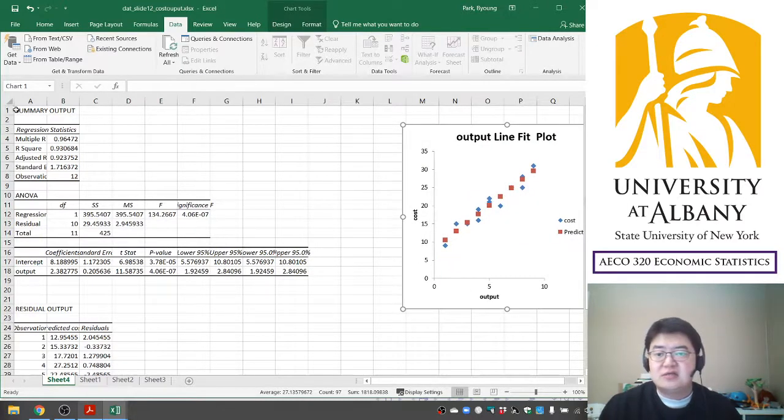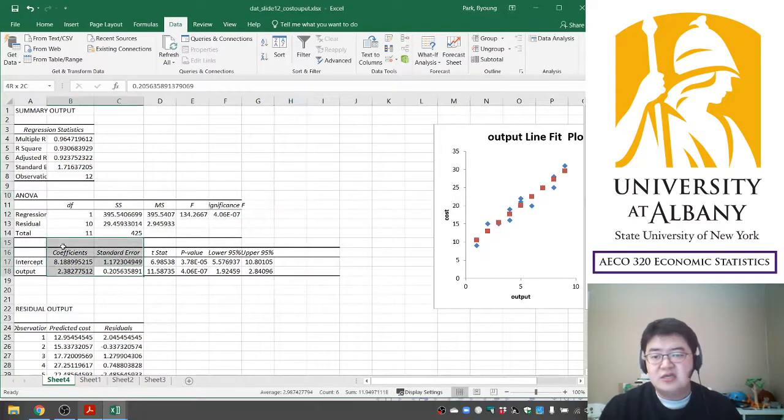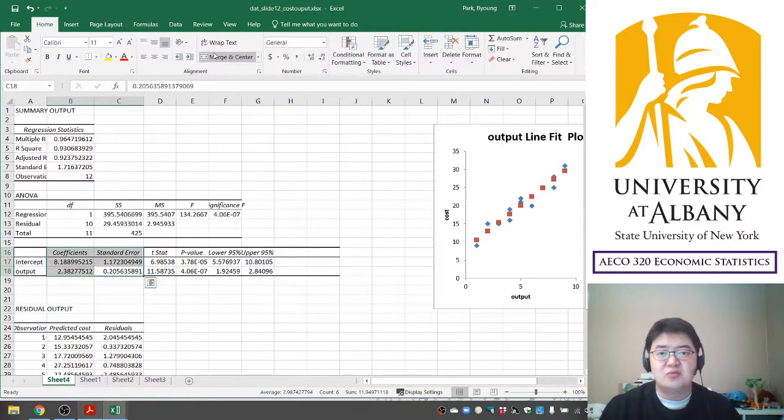And these are the outputs, the results. You may want to look at these 3 tables. Especially the important part is here. These 2 are the most important numbers. So coefficient, the intercept term is estimated to be 8.18, which is the estimate of fixed cost, and the slope, the coefficient of the output, is 2.38, which is the estimated marginal cost.